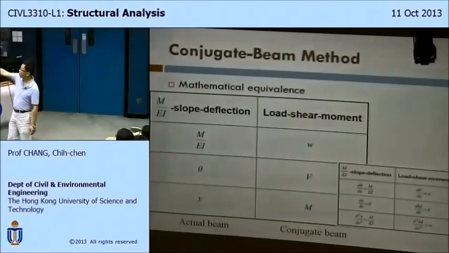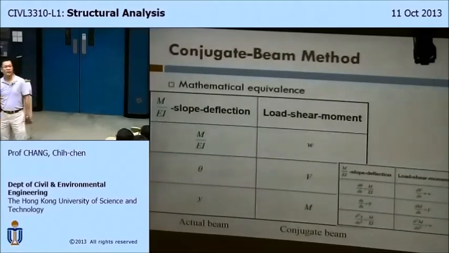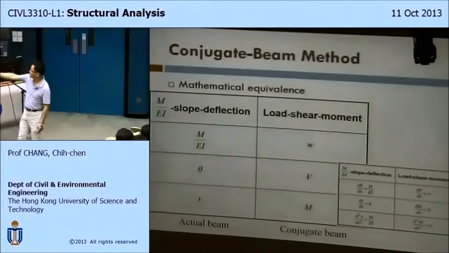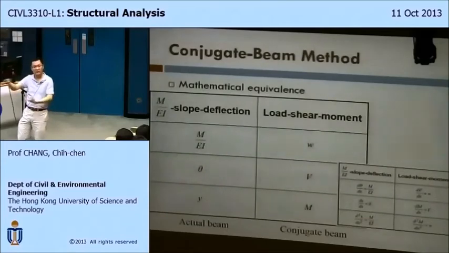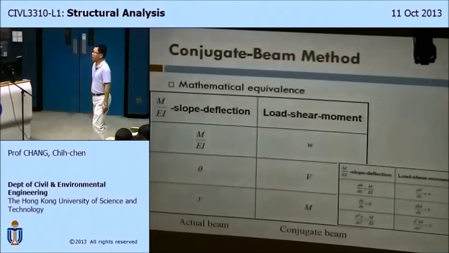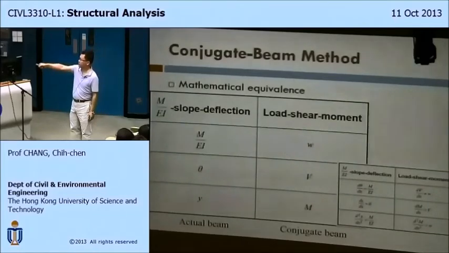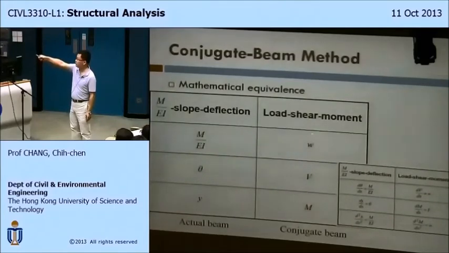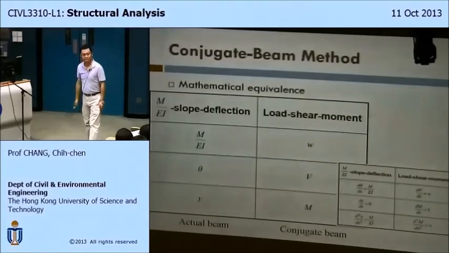These calculations you are more familiar with because they are basically just equilibrium calculations, right? But on the other hand, this is a very complex integration or moment area relationship. So if we can convert these parameters to these parameters, then we can operate the equilibrium calculations in this domain. That will be easier.